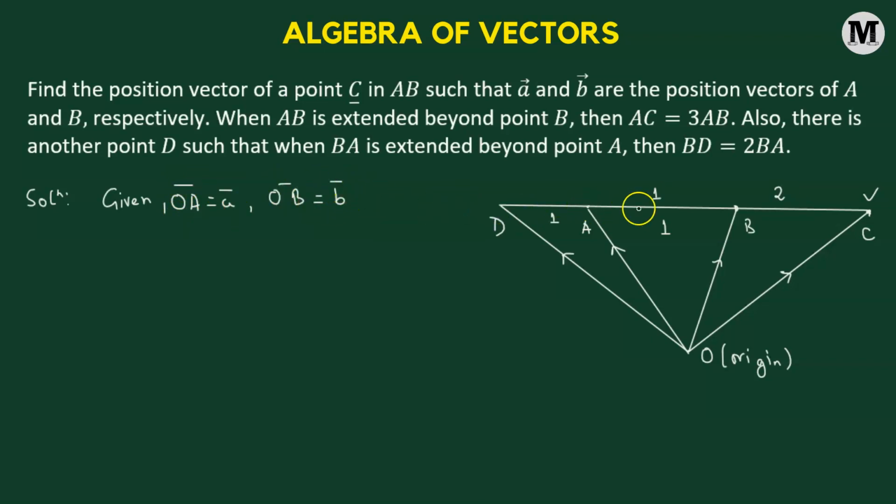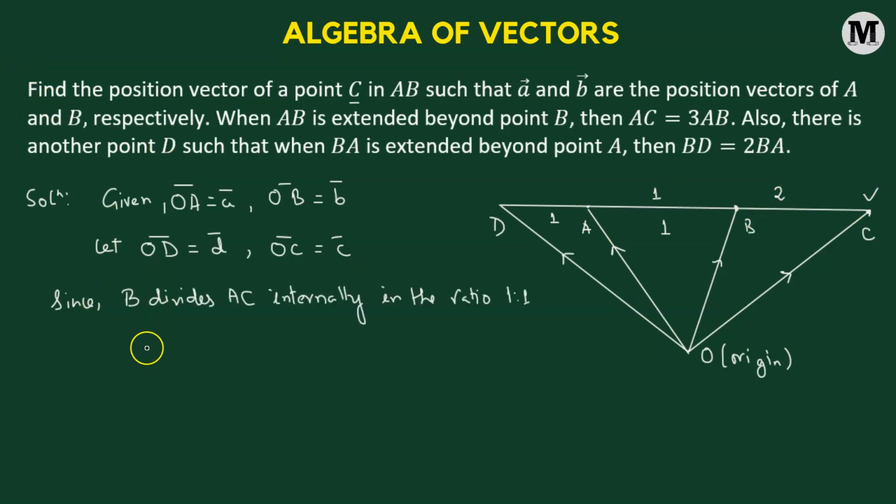Fine. So we'll try to find out the position vector of point C. Let us suppose that the position vector of point D, which is OD, is given by the vector d, and OC vector is given by the vector c. Since we have already established that point B divides AC in the ratio 1:2 internally, we can find the position vector of OB using the internal section formula.